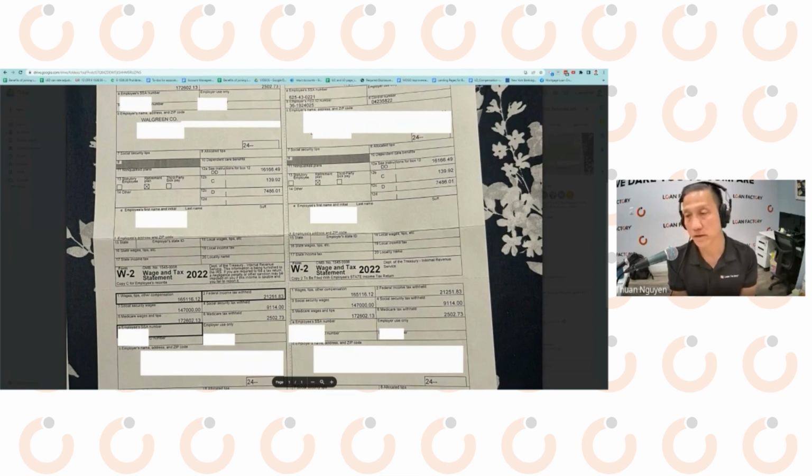If it's less, it shows there can be a lot of things going on. The borrower working for less than a full year, or taking time off during the year, and we need a letter of explanation. So as a good loan officer, you should be aware of all of this and prepare to explain to the lender.